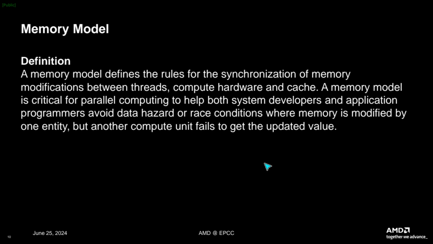AMD has a decade of experience with synchronization between compute units, the GPUs and the CPUs from the CPU chips. And so they've brought that across to these high performance computing offerings.